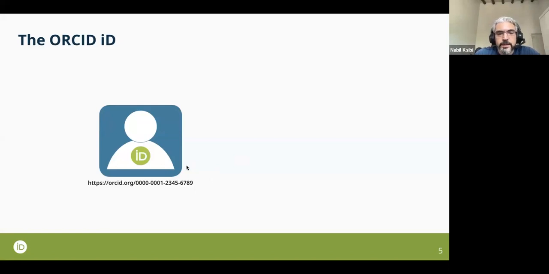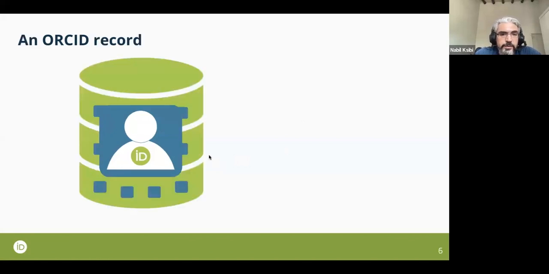To make this ID interoperable, we had to look at where to host this identifier, and we found that the best approach is to include it in a record. So we can imagine that this is the record that is hosting the ORCID ID. That record includes different sections that communicate with different systems, other APIs, and other infrastructures.